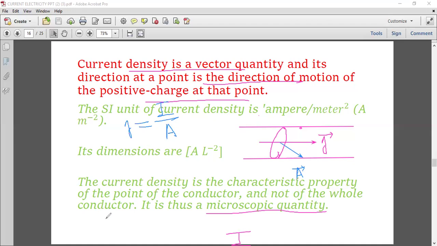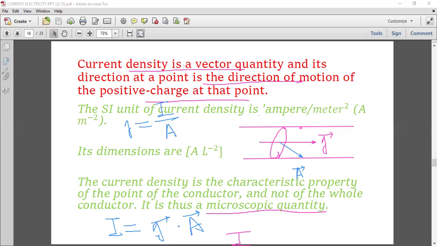I will be equal to vector J dot vector A. There will be a scalar product between the current density vector and area vector. It's clear? Current density vector और area vector का scalar product will give the current passing through that cross section.